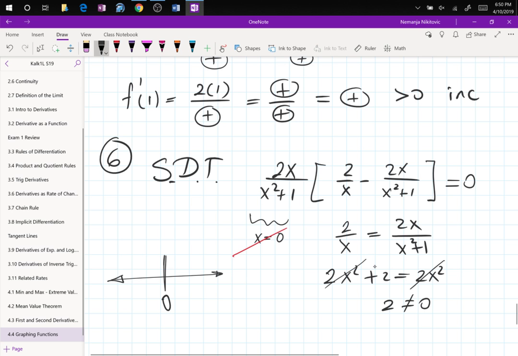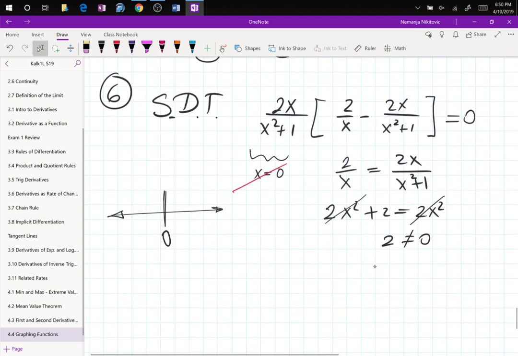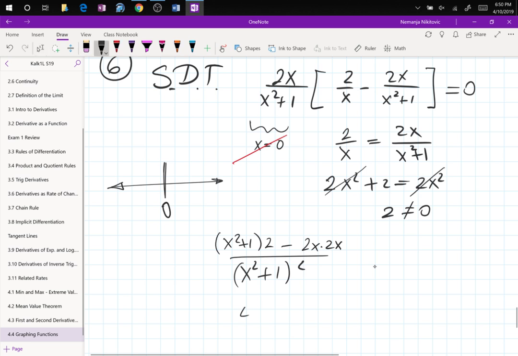Did anyone do quotient rule? Do we have the same answer? x squared plus 1, everything squared, divide over here, x squared plus 1 times the derivative of the top, which is 2, minus 2x times 2x. That's a 4, no. It is 2x squared minus 4x plus 2 minus 4x squared equal to 0.